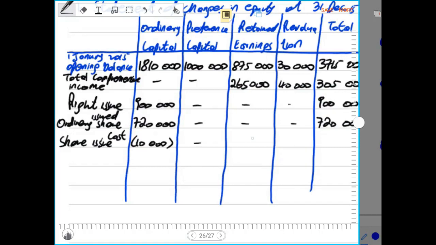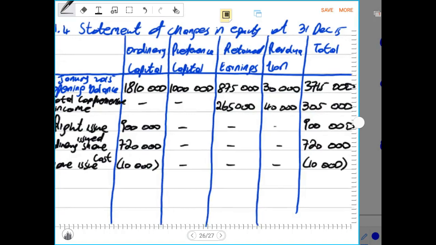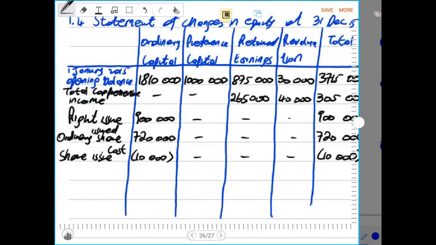Remember, this is the cost that we incur to issue the shares, and it will go straight under our total. So now we record that negative under the ordinary stated capital. Why? Because this is the cost of issuing the ordinary shares. It does not affect the preference shares because there was no cost to issue preference shares. Besides, during the current year, there were no preference shares issued.